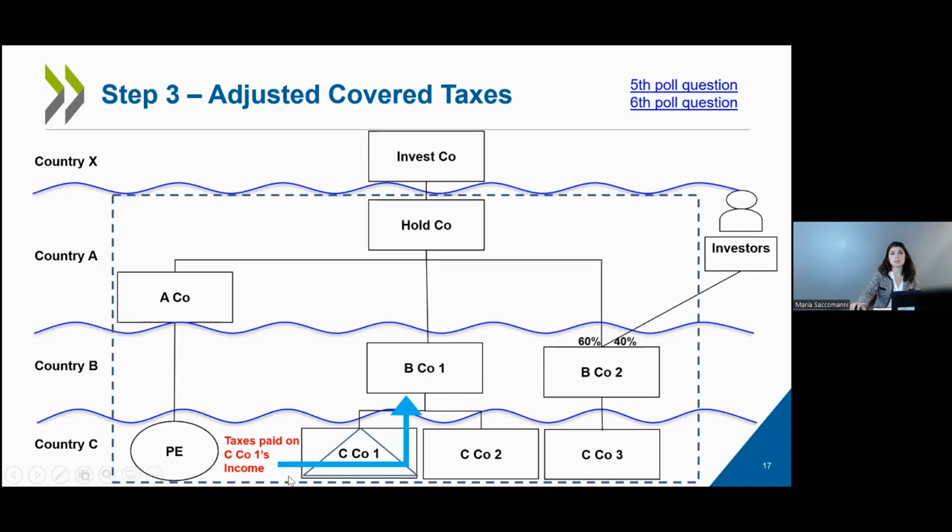Accordingly, any taxes that should be paid locally shall be allocated to BICO1. SICO1 does not have any permanent establishment, so all of the taxes flow to the parent. Here we have a withholding tax on intragroup dividends due to the dividend paid by SICO3 to BICO2. And here we see that the withholding tax shall be considered in jurisdiction C.